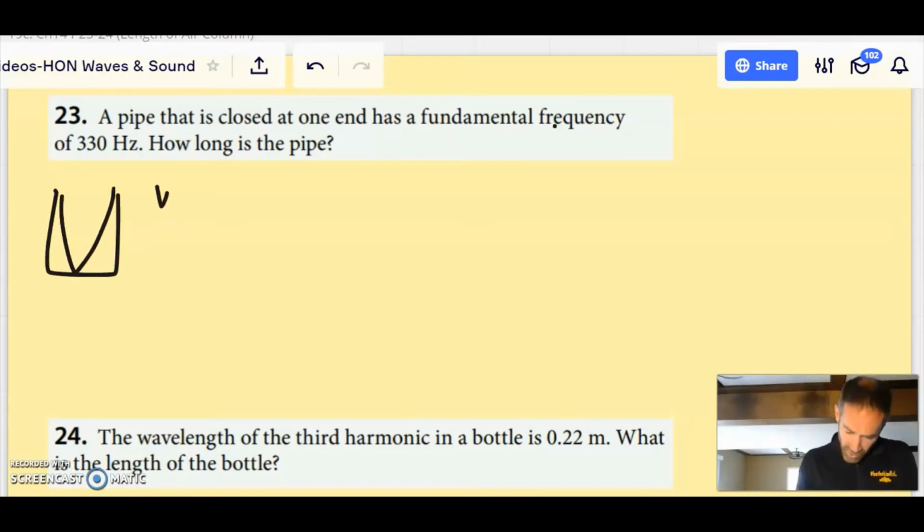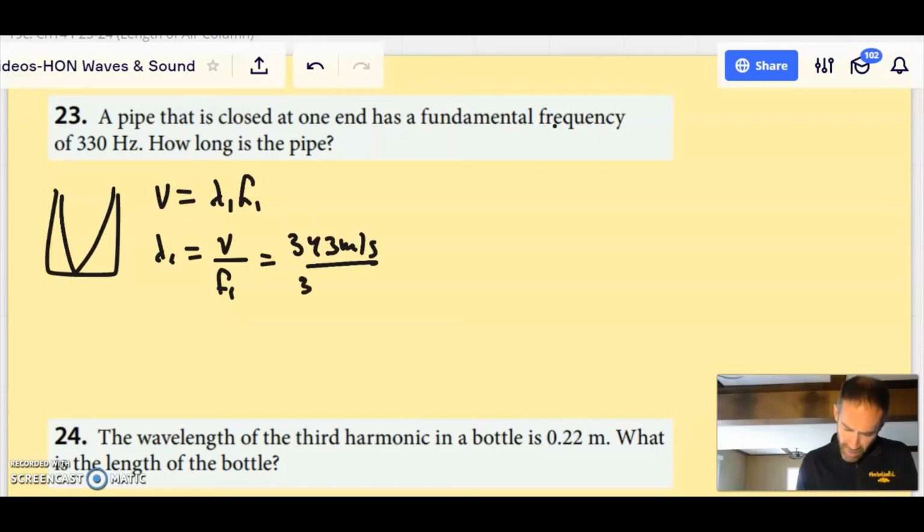And so we know that the wave speed is the wavelength times the frequency, as long as those numbers match. And so I'll say that that fundamental wavelength is the wave speed divided by the fundamental frequency. How about 343 meters per second divided by the 330 hertz? And I get 1.039 meters.